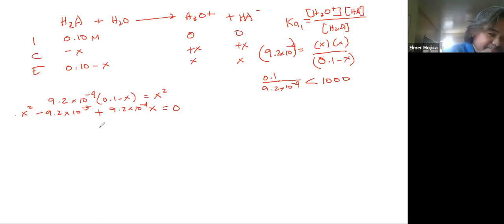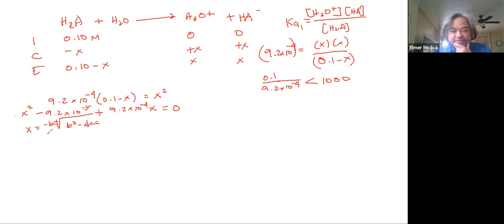Did you get that? Because what you're going to do next is use the quadratic formula: negative b plus or minus the square root of b squared minus 4ac, divided by 2a. I'm just going to give you the possible X values.